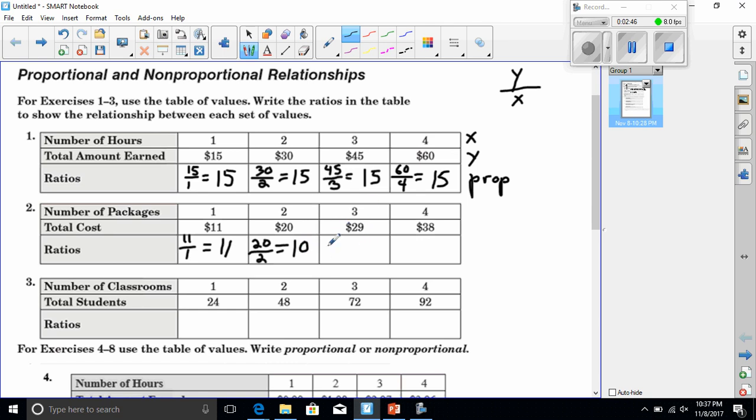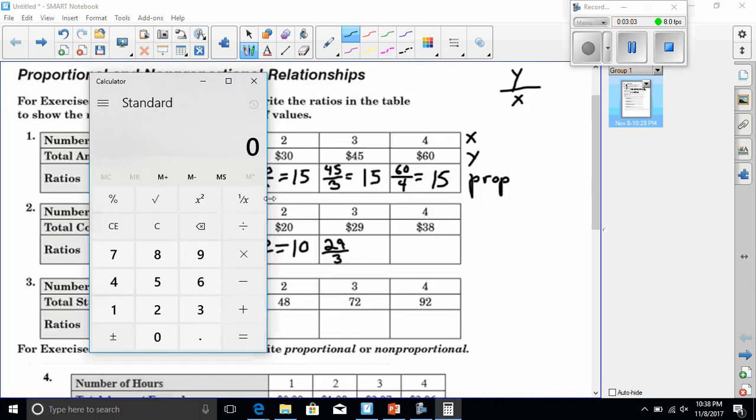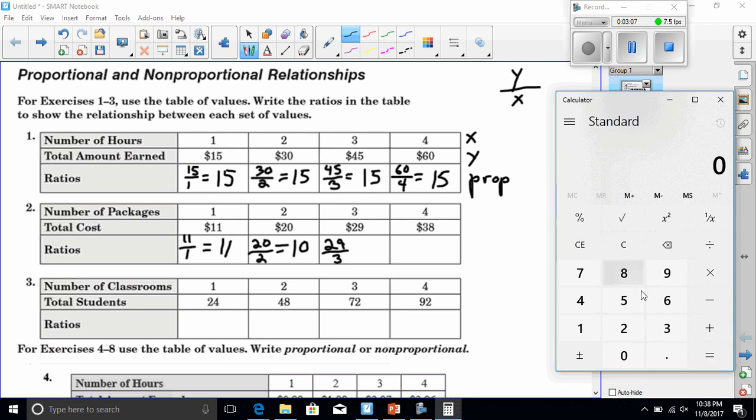Next, we have 29 divided by 3. I'm not really sure that we can divide 29 by 3 evenly, but we can give it a shot. Let's use our calculators and make it easy on us. If we do, 29 divided by 3 is going to give us something like 9 point, well, let's round it to 9.7.